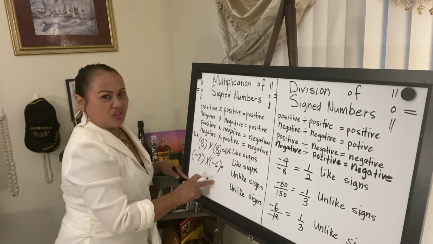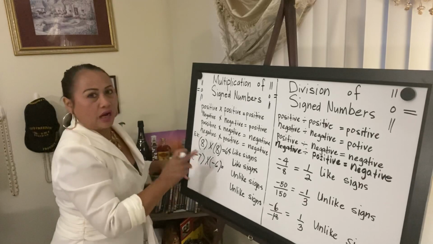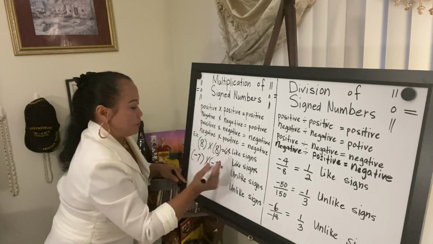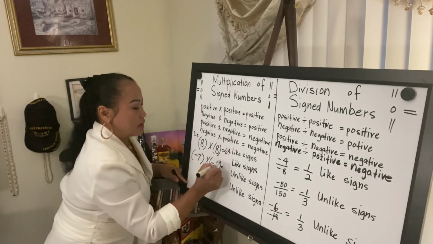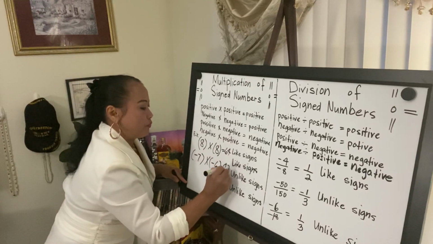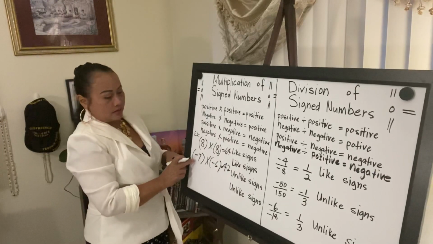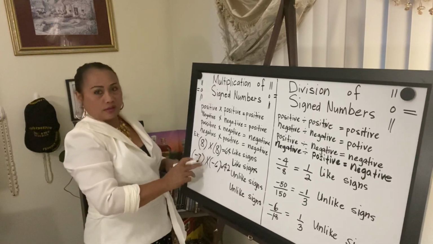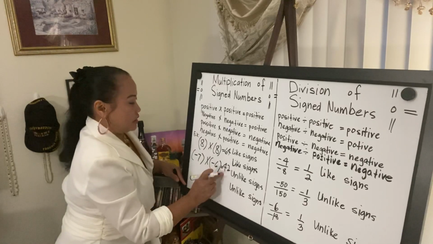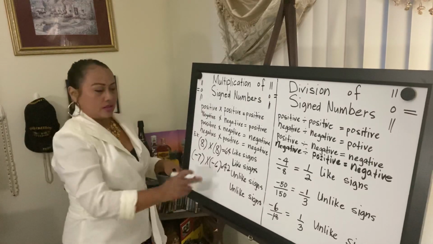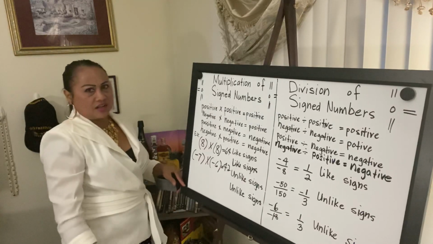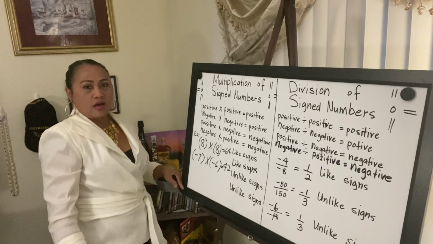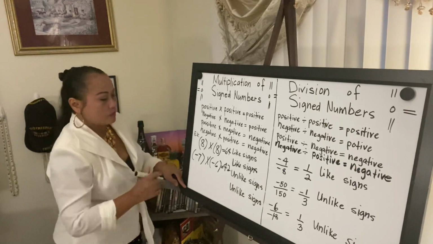We call them integers, we call them numbers, we call them absolute numbers. So 7 times 6 equals 42. And then look at the signs. Like signs are always positive. So the answer is positive, or just simply write 42 without a sign; it is considered positive.